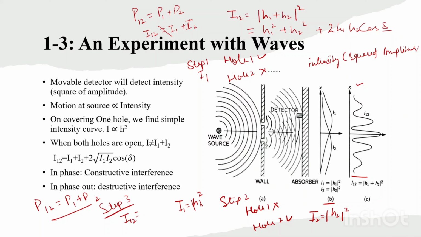Now we can modify them for I1 plus I2, and we can write it as I1 plus I2 plus 2 square root of I1 I2 cos delta. Okay, so if we have constructive interference, we can say it is in phase, and for destructive interference, it is out of phase.